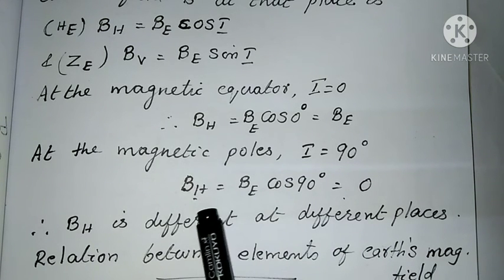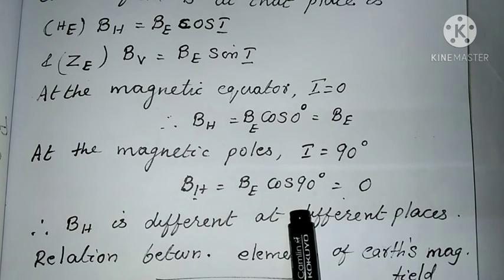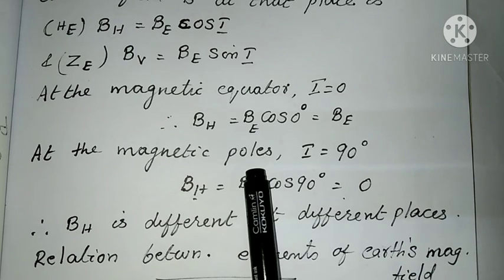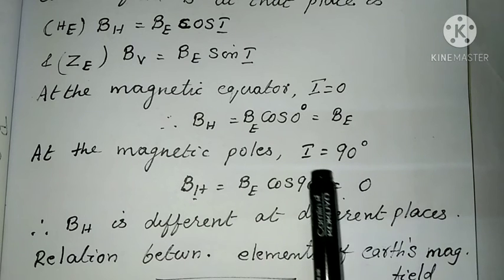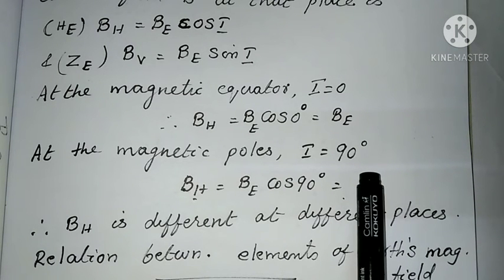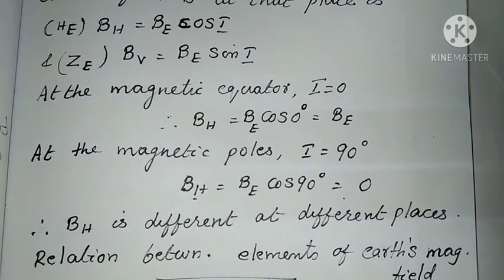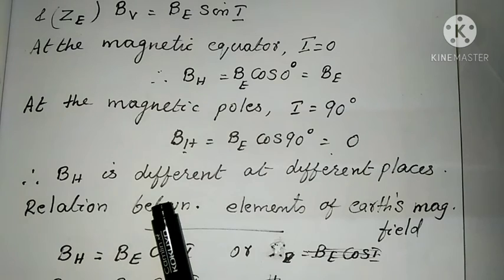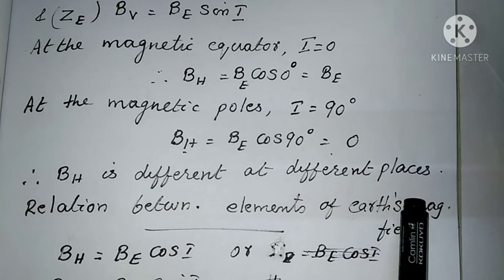So, the horizontal component BH equals BE cos 90 equals 0. So, at the magnetic poles, the horizontal component of the Earth's field is 0 because angle I equals 90 degrees. That is, the dip needle rests vertically. Clear? Therefore, the horizontal component of Earth's magnetic field is different at different places. I think you understand the three magnetic elements of the Earth.